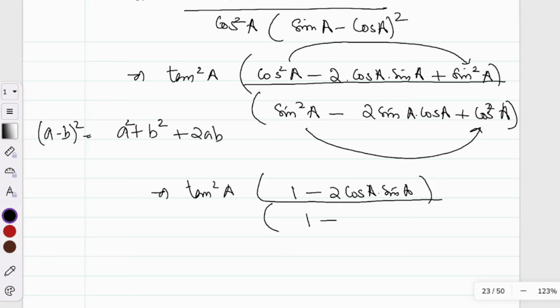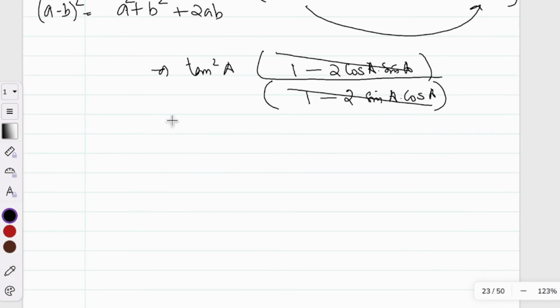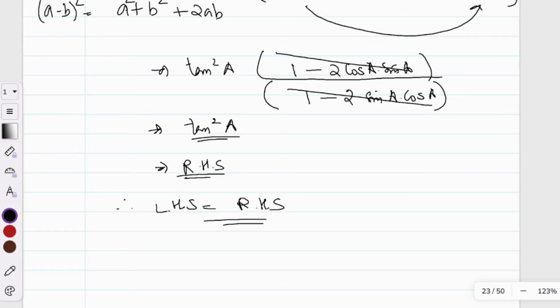So 1 minus 2 sin theta cos theta. Now you can see that these values cancel each other. So what is left over? I'm getting tan square A at the end, which is equal to my RHS. Hence it is proved. Therefore LHS is equal to RHS. Clear?